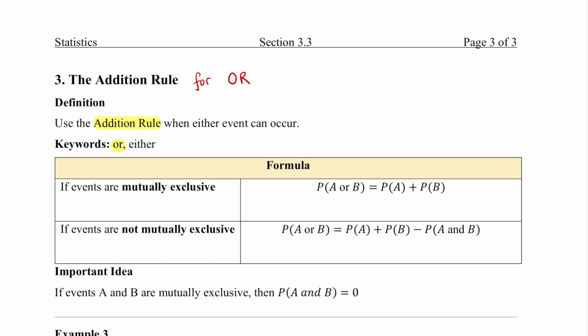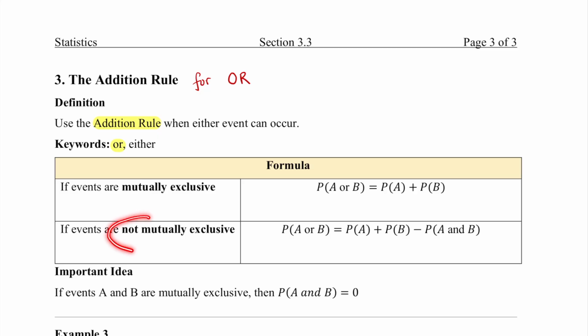When events are mutually exclusive, the addition rule is very simple. For mutually exclusive events, probability of A or B equals probability of A plus probability of B. Because both events cannot overlap, we simply add the probabilities.